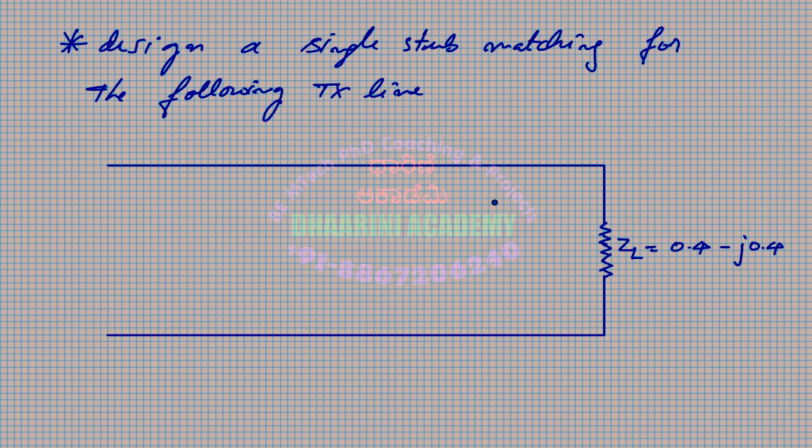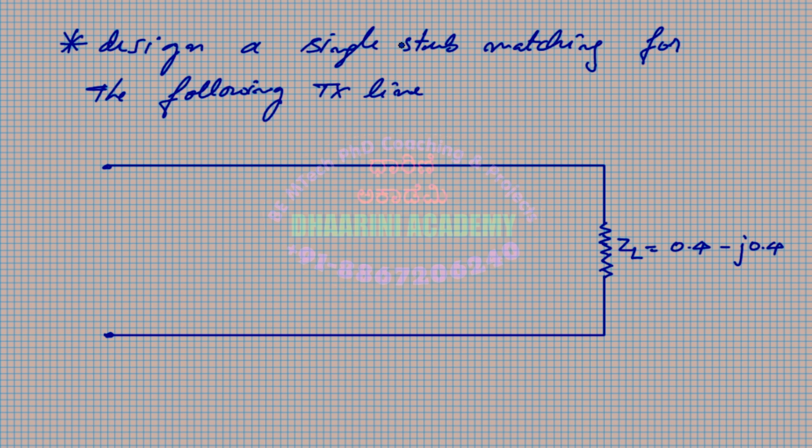So it's a given value. Actually, the line is simply given like this. There is no other value given. So it means it's a normalized value, and Z0 and ZL are not the same. If at all Z0 and ZL were the same, it should have been simply 1, correct? ZL equal to 1 means it is normalized and it is matched. But as of now, it is not matched.